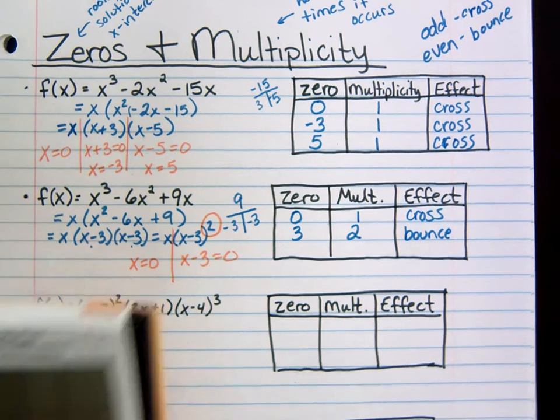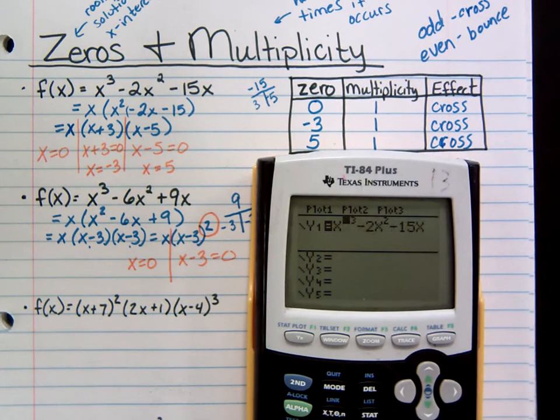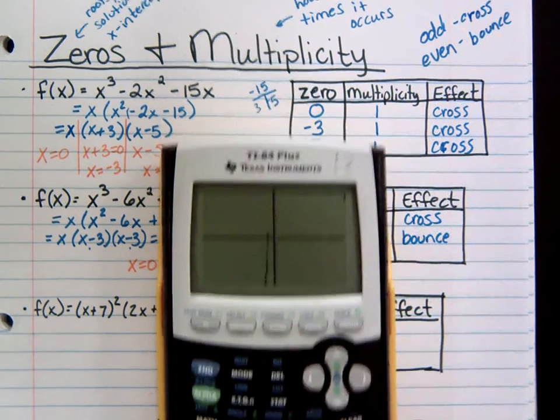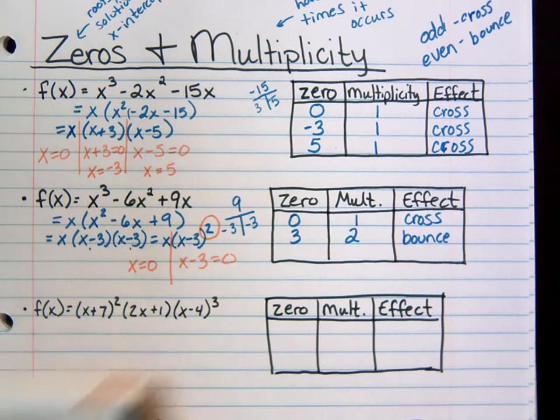So let's actually go and graph this. x to the third minus 6x squared plus 9x. And let's look at the graph. There we go. I'm not sure I graphed that correctly. No, I did not.